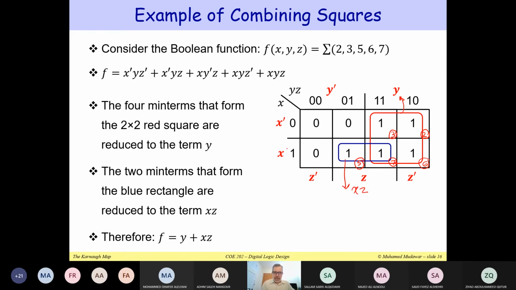I can get it directly. You can see that x is equal to 1 and z is equal to 1. You can see that here we have z, here I have z. So it is x and z when you combine minterm 5 with minterm 7. So therefore, we have simplified this function to have only 3 literals. F is equal to y or xz.